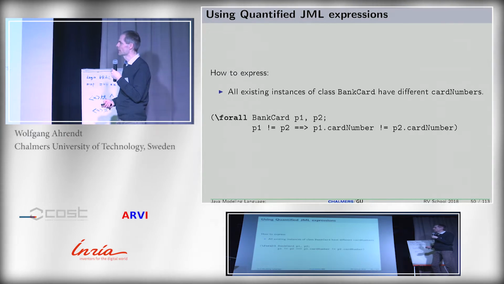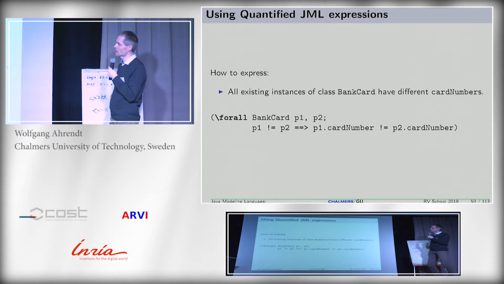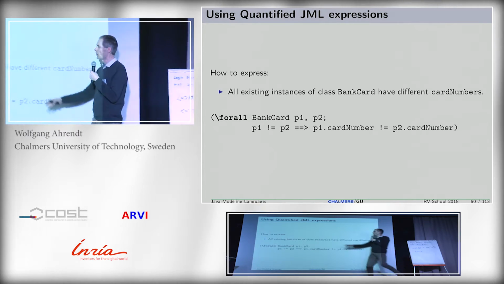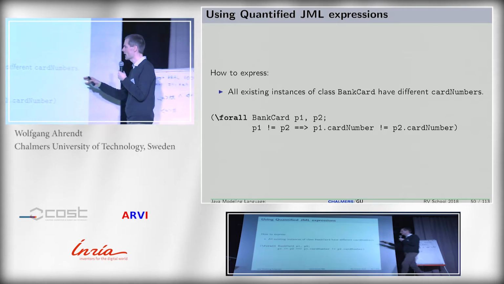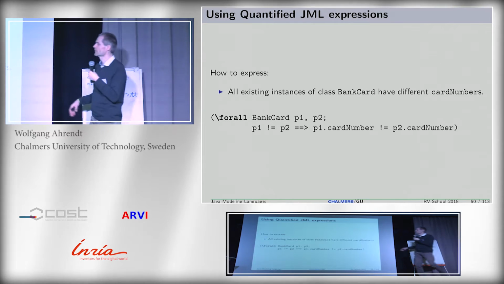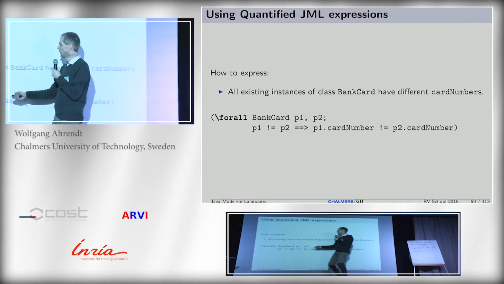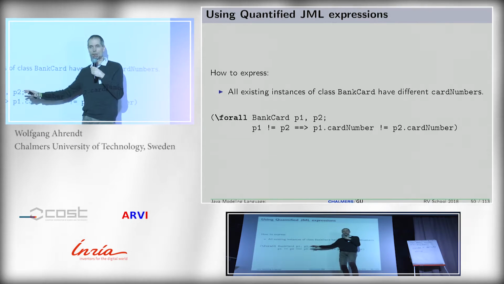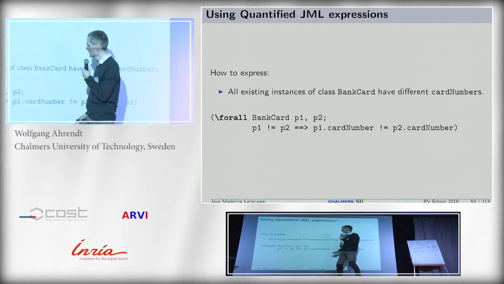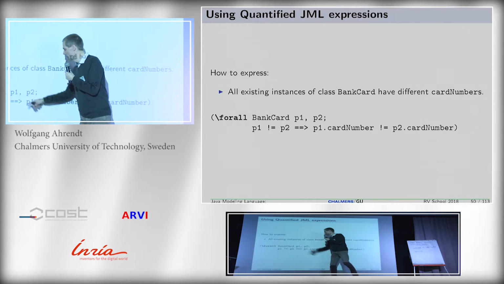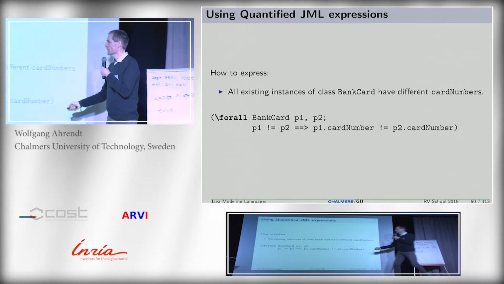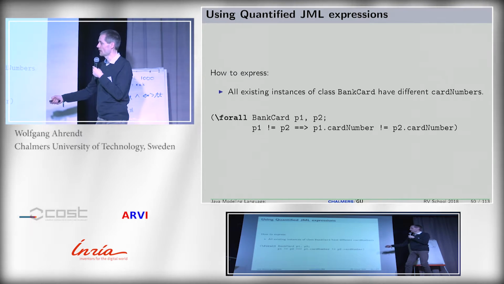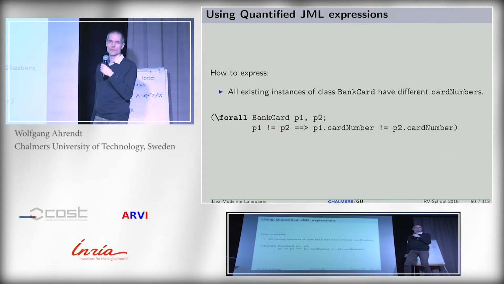Good. And this would be a more drastic example. If I say all existing indices of bank card, they have different card numbers. I could say for all bank cards, this is not an array example. Now I'm not quantifying over arrays. I just say for all bank card objects in my system, if the bank cards are different objects, then the card number is different.